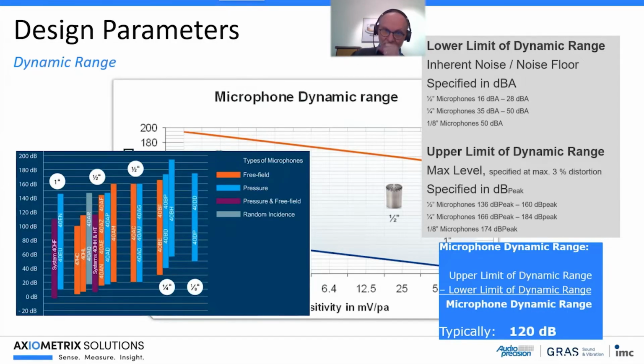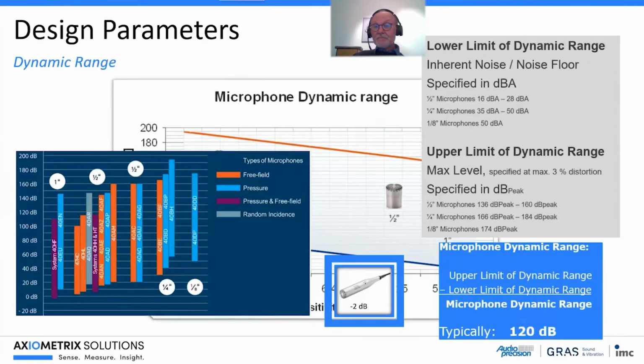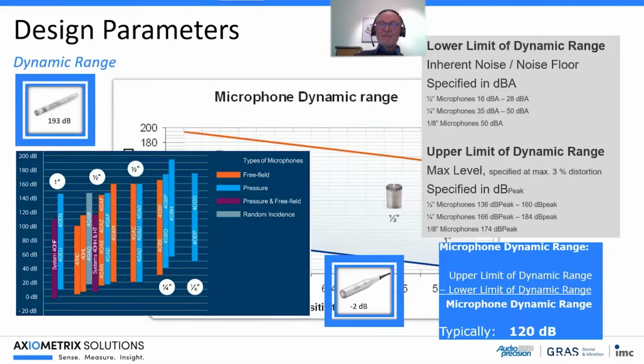At Grass, we make what we call a low noise microphone, able to measure below the threshold of hearing, down to -2 dB. And at the other end, we make microphones able to measure the highest we can measure with a microphone, 193, 194 dB.